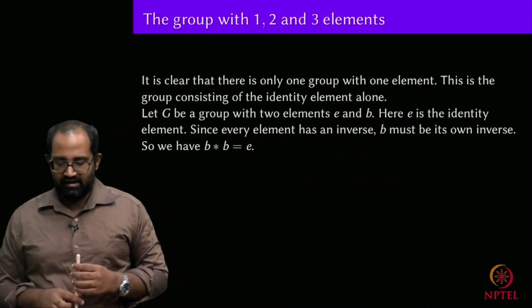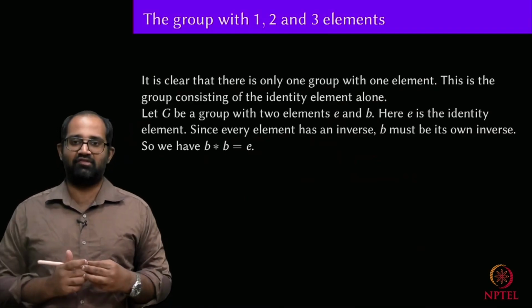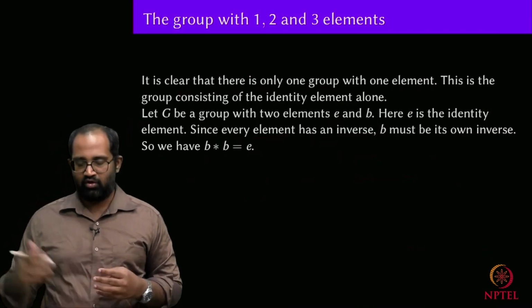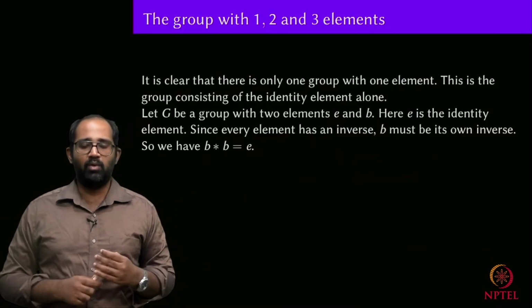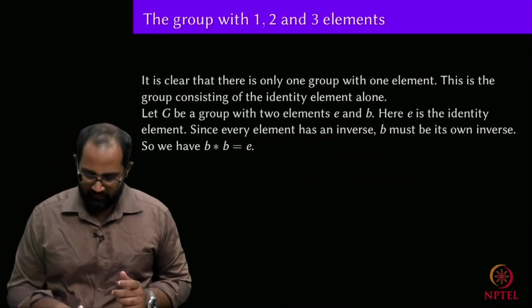And as you can see, if you take any other group with two elements, essentially it must be this group that we have just written down, except what we call E I could call something else there, what we call B we could call something else there. So, up to a renaming there is really only one group with two elements.